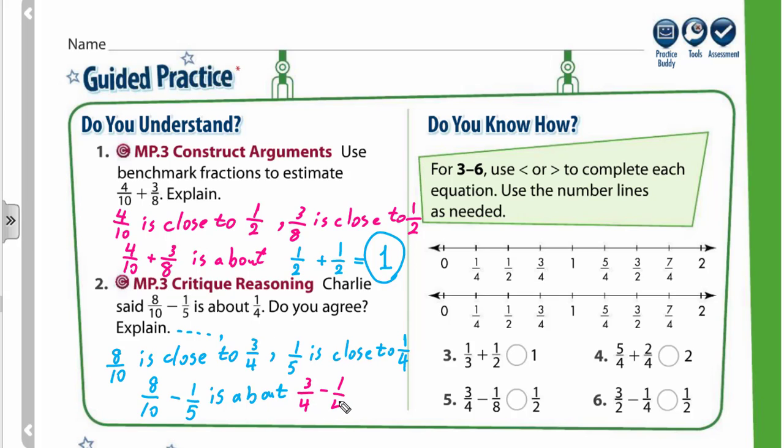And you, my hero, do this subtraction. Riyadh? 2/4. 2/4. Or we can say half. So it's about half. So it's about fourth, yes or no?